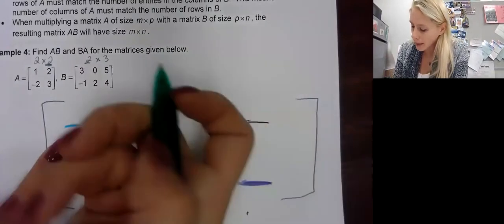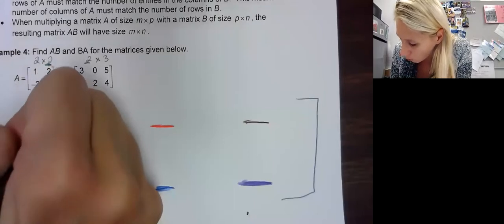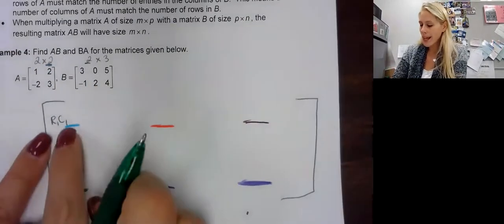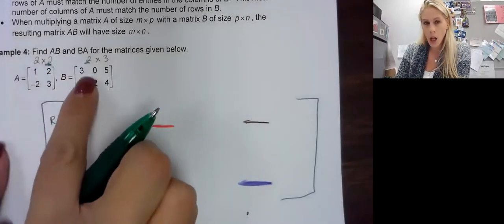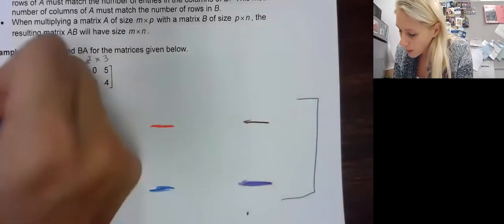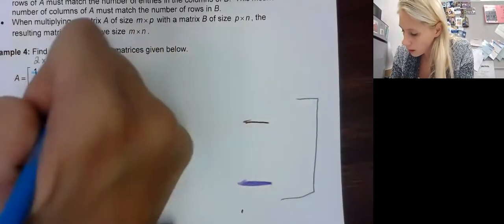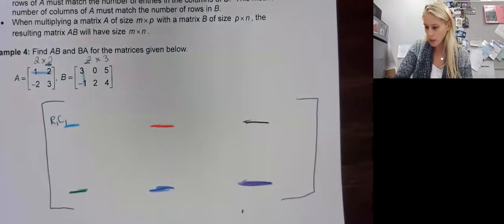So this element is in row 1, column 1, right? So that tells me I'm going to take row 1 of A, column 1 of B. Now I'm going to use my colors so I remember.